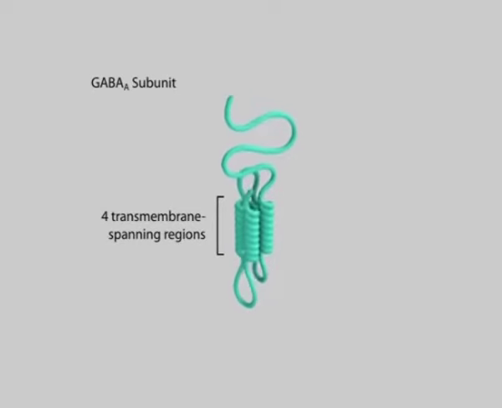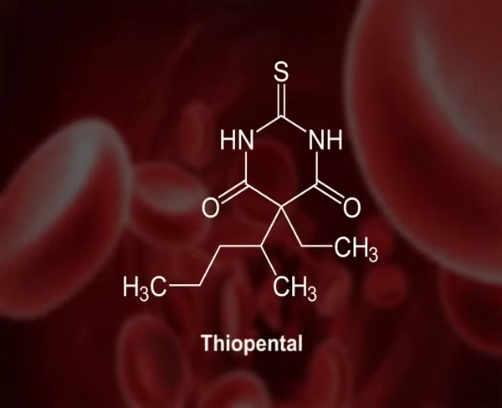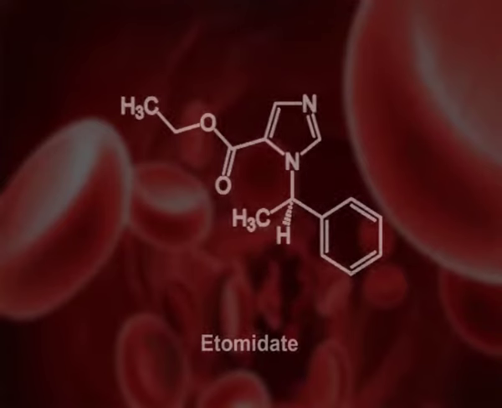The GABA-A receptor is the sole target for benzodiazepines and also appears to be a major target for intravenous anesthetics such as thiopental, propofol and etomidate, which act at a site on the receptor different from the benzodiazepine binding site.